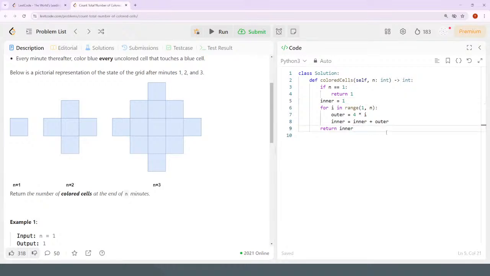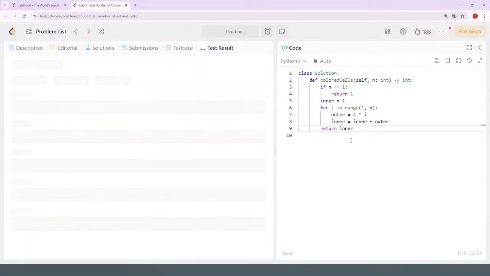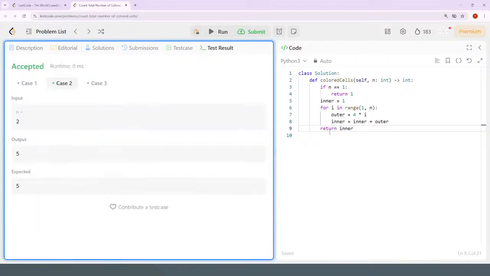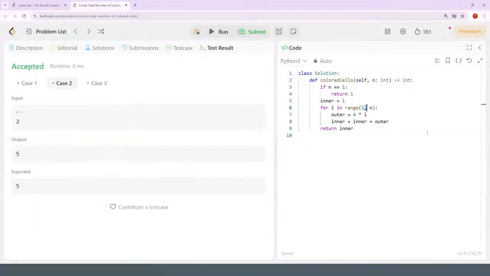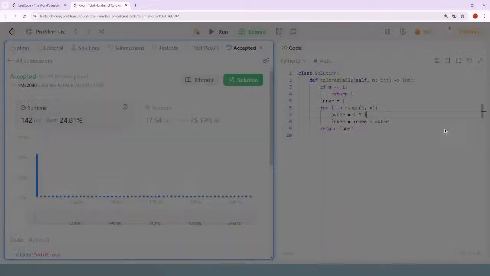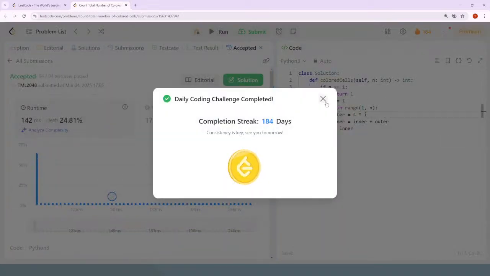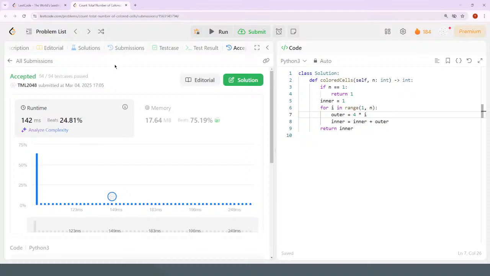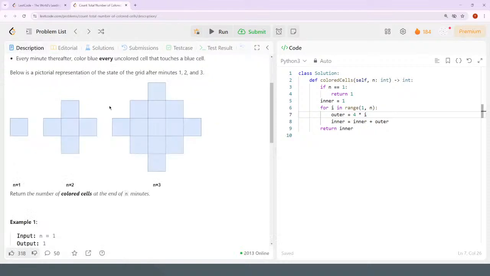This is extra. Inner from the previous one plus the outer is now the inner, so I just return the inner at the end. Okay, I think this is a little slow. I think there should be a direct formula for it. Yeah, okay, let's do the direct formula for it.